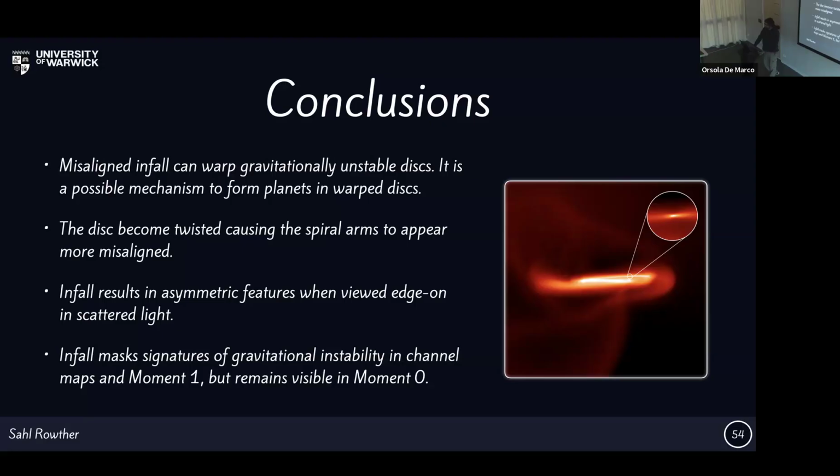Infall can also create many of the asymmetric features when you view the disk edge on, showing that when we study young disks, some of those features that could be warps could also be due to infalling gas. And infall also makes it harder to see evidence of gravitational instability in the kinematics. So I'll leave it at that.